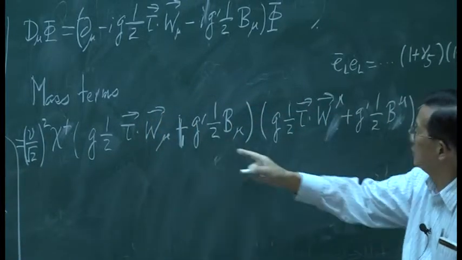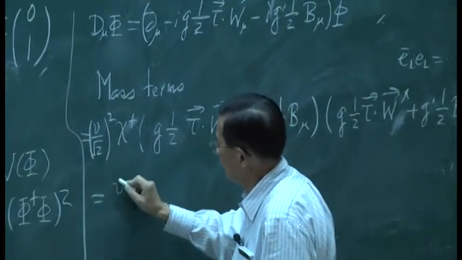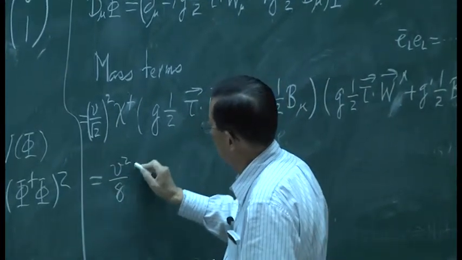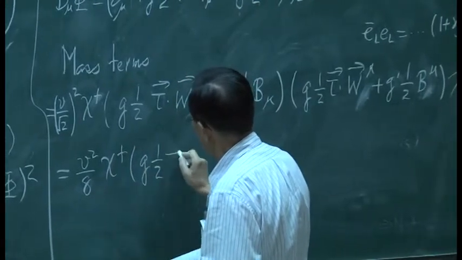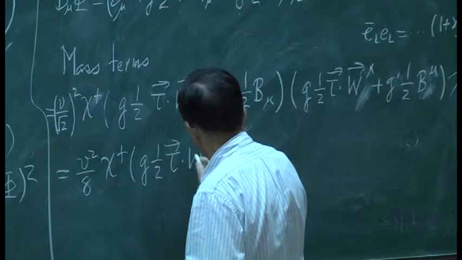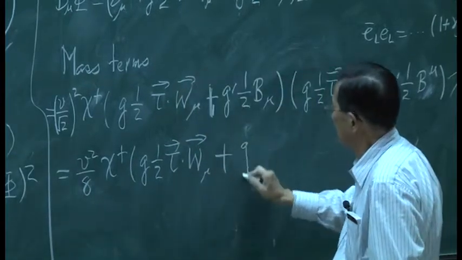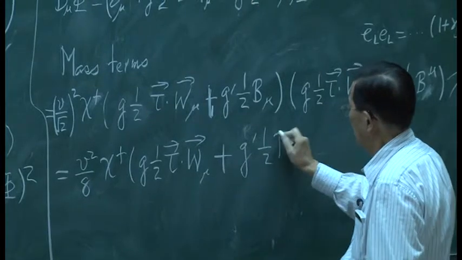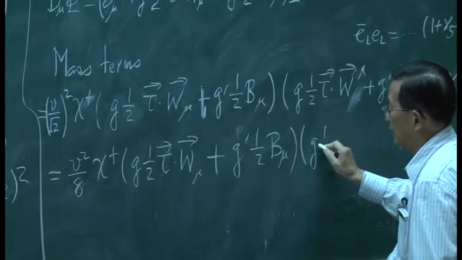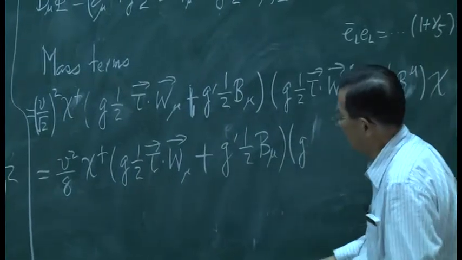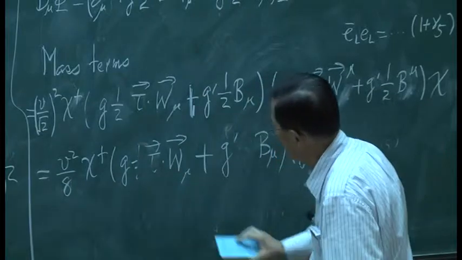Then there's a factor 2 here, a factor 2 there, so the total will be v squared over 8. And then a chi times g, 1/2 tau W plus g prime, 1/2 B_mu. And then I have a g. Oh, the 1/2 disappears because I already took it out here, right?